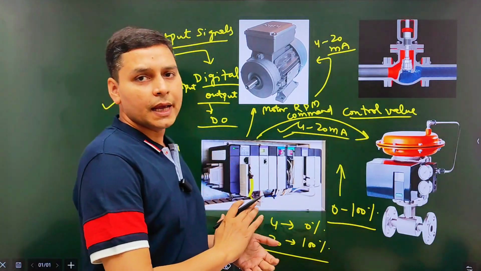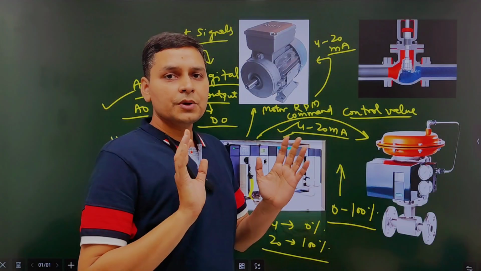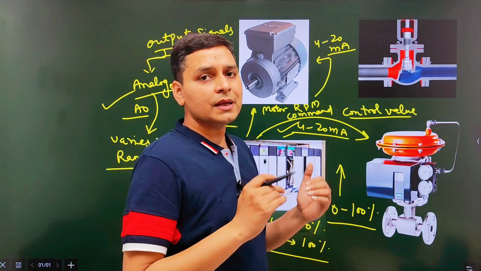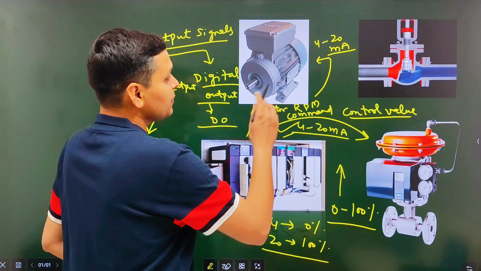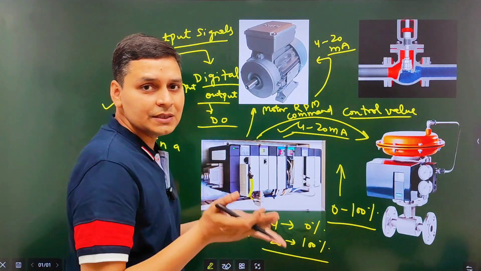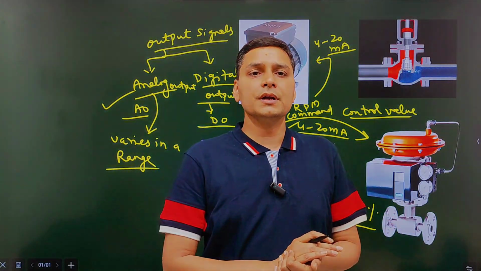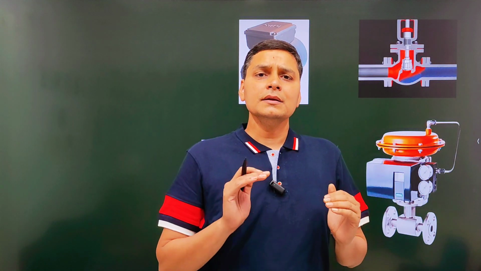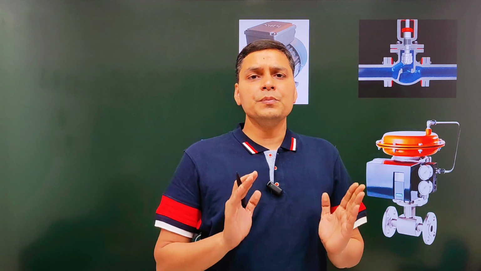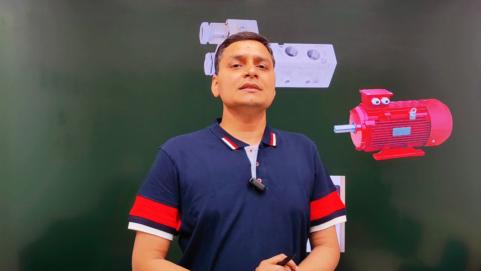This will also be an analog output signal, because we are giving a command to operate a control valve and we are also giving a command for increasing or decreasing the RPM of the motor. So analog output signals are those signals that are analog in nature and that are transmitted from PLC to field devices.